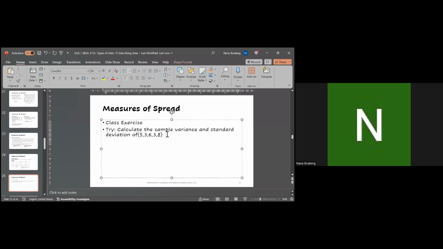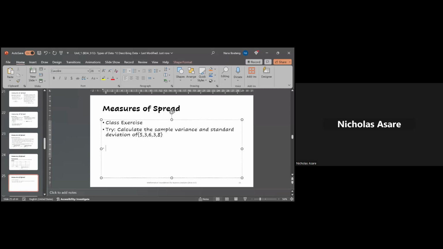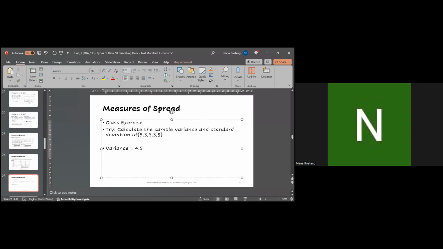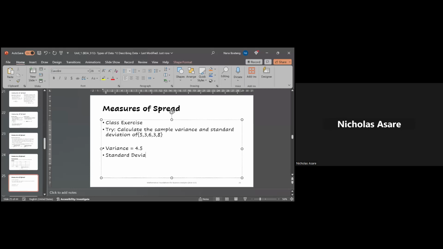Okay, so the variance is what? 4.5? Yes. Okay, and then the standard deviation. 2.1. 2.1.